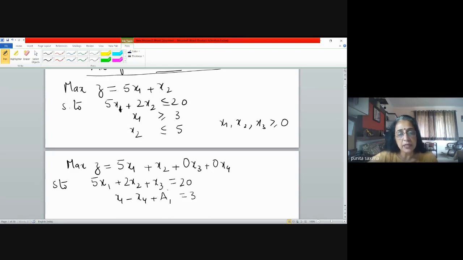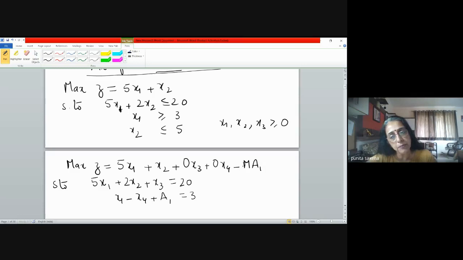But this A1 will not have a 0 coefficient here. What Charnes said was, let's assign a coefficient of minus M to A1, where M is a very large number. So the contribution to this objective function, supposing M is 1000, is going to be minus 1000 A1.